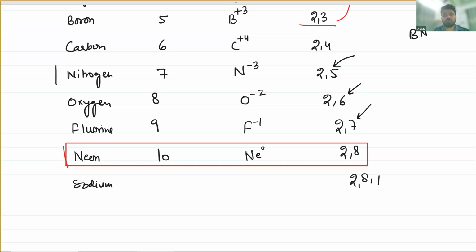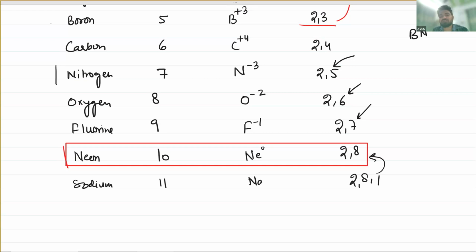Again, it will donate one of its electrons. Why? Because its stable electronic configuration is 2, 8. The nearest noble gas is this one, neon. So what will sodium do in order to attain the stability? It will donate one of its electrons.